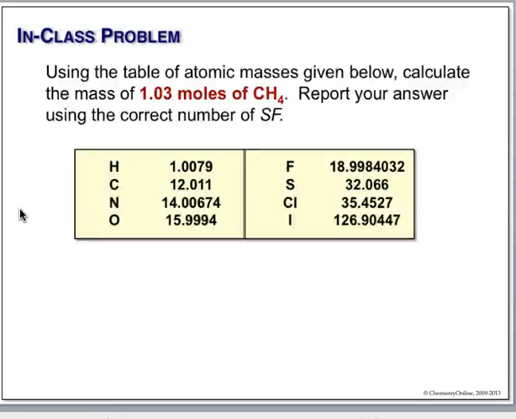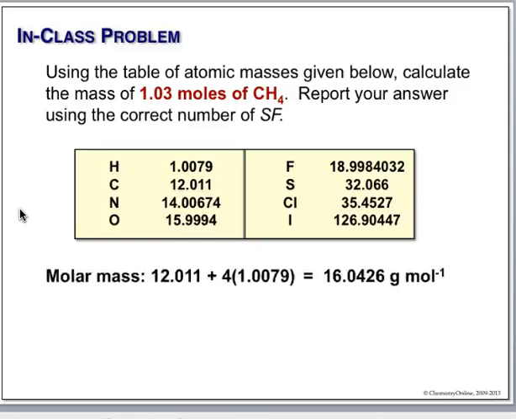Well, all we have to do here is simply add it up, don't we? Methane is going to be 1 carbon and 4 hydrogens. That's going to give us grams per mole. We know how many moles we have, so we can get grams.